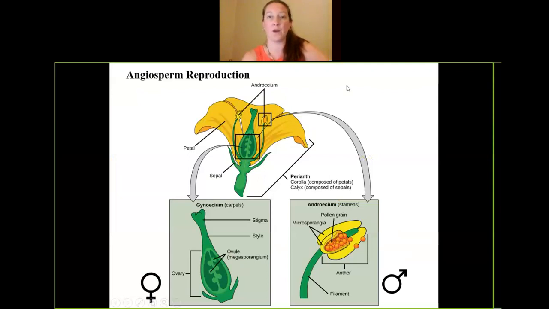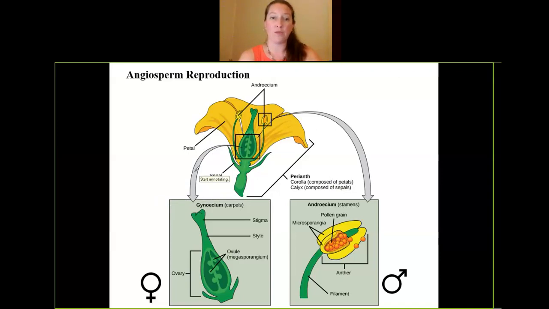All right, so here's our flower. Again, if you see terms on this slide that I don't mention, you are not responsible for them. And in fact, you have the study guide, and I have in the study guide what terms I'm interested in you knowing about, right? So don't get scared if you see terms on here that I don't mention. If I don't mention them, you don't need to know them.